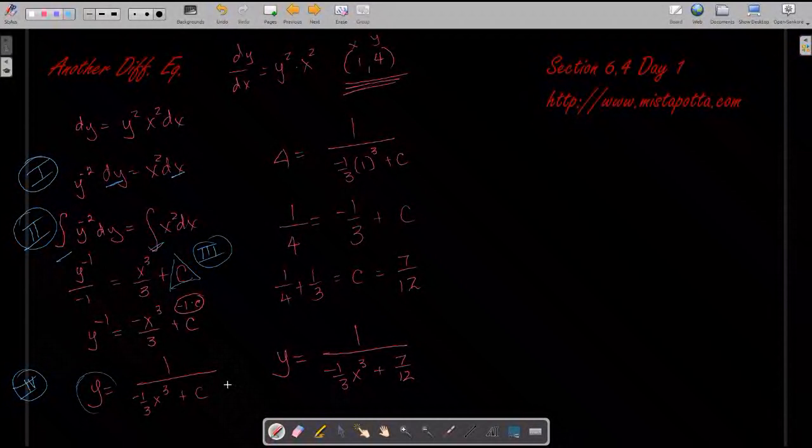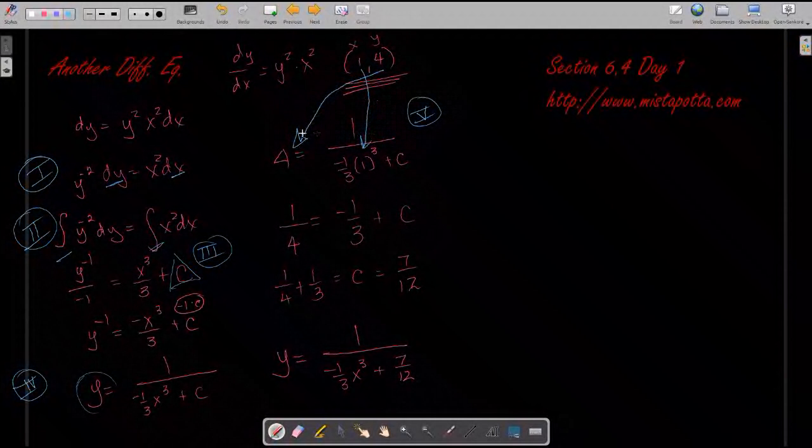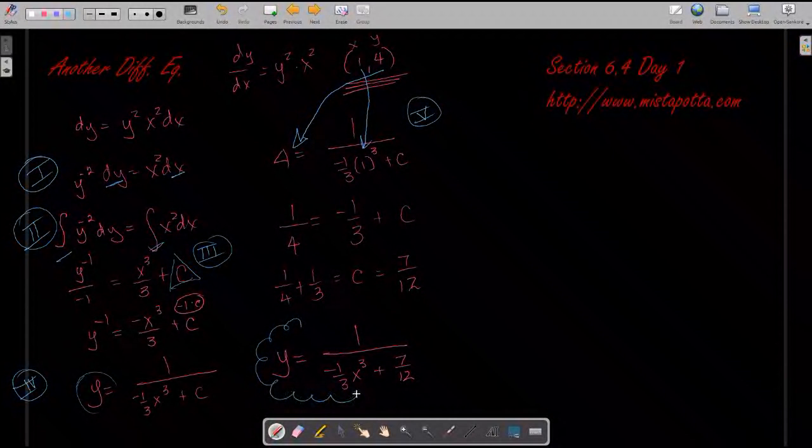And then the last thing I want to do is take these initial conditions, my initial x and my initial y, substitute in and actually solve for c. So I end up with a solution to my differential equation.